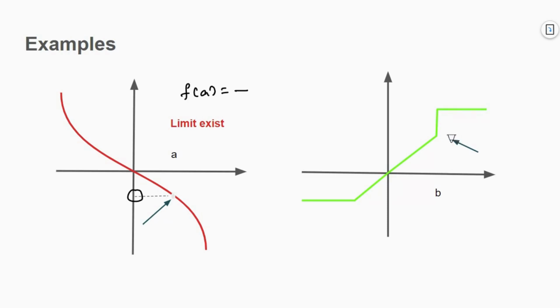If you approach from the left hand side, you will end up at this output value. If you approach from the right hand side, you will end up at this value. So both are not the same, and the limit does not exist. You cannot write limit x tends to b f of x is equal to some value.